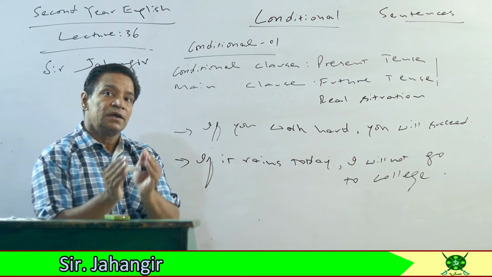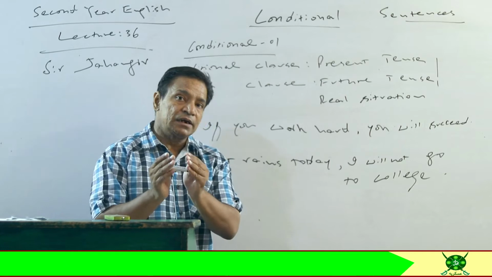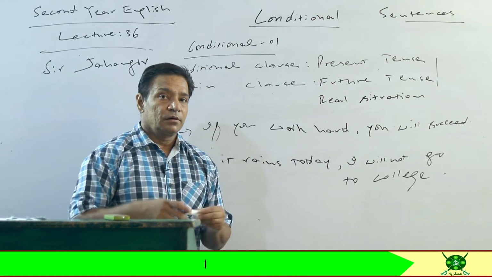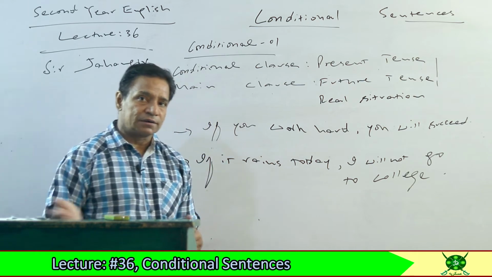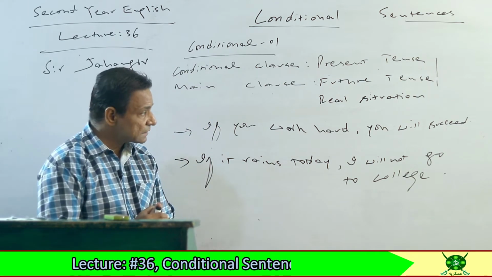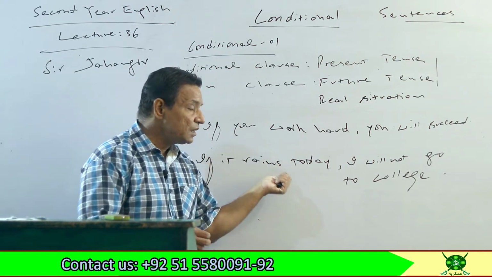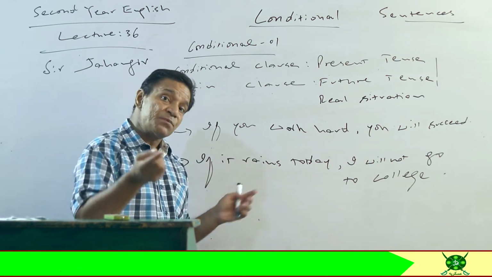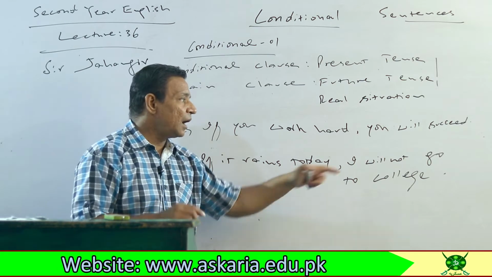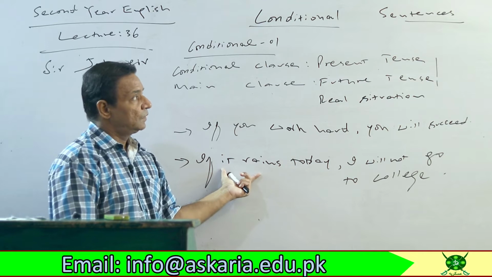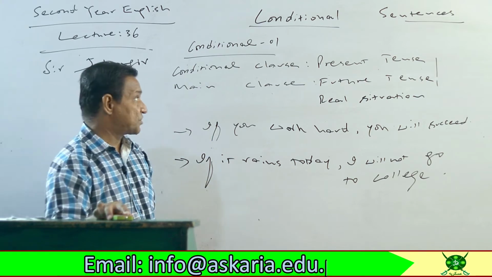It's a real situation, the real conditional sentence, having more use as compared to all other conditional sentences. If it rains today, it means if it will rain, then I will not go to college, but it is written in present form.